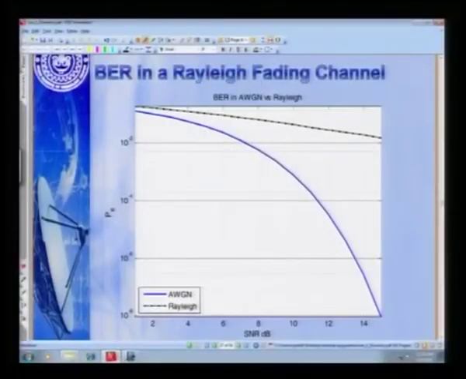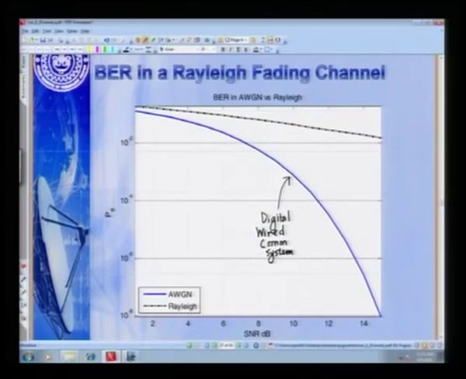This plot here shows the bit error rate performance of an AWGN or a digital communication channel. This blue curve here is for a digital wireline or a wired communication system. This is what we had seen earlier.